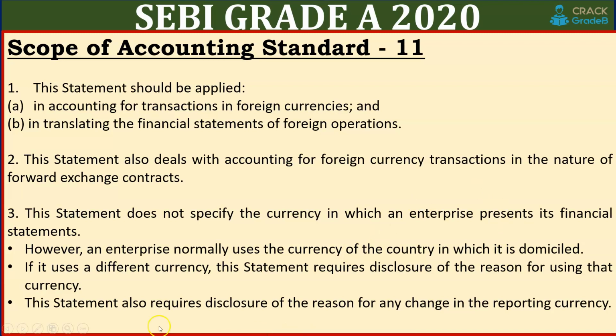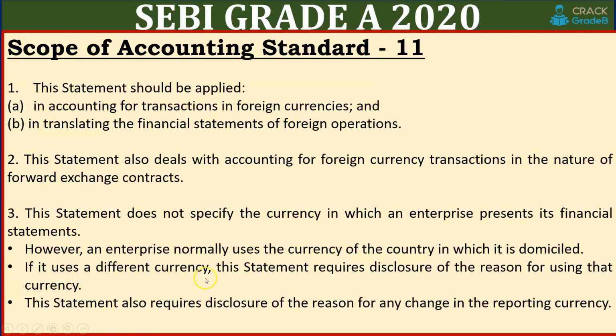This Accounting Standard 11 does not specify the currency in which you will present your financial statements. In India, you should usually use the currency of the country in which it is domiciled. That means in India, you should usually use rupees, but this accounting standard does not compel you to use that.